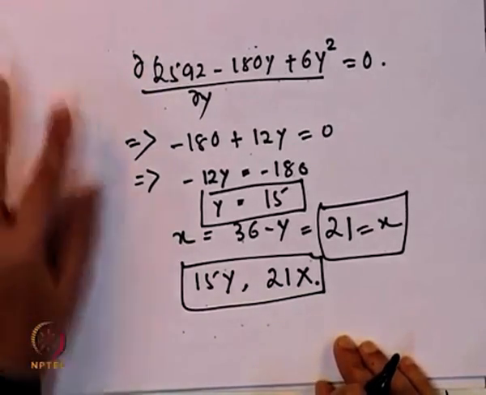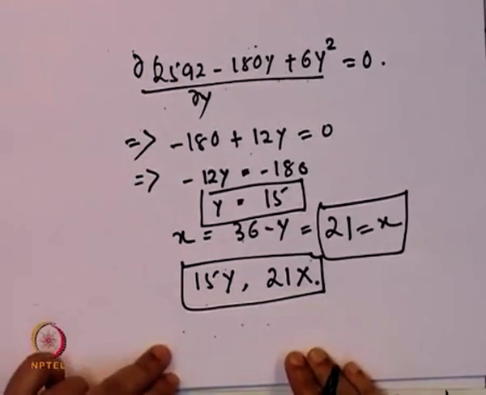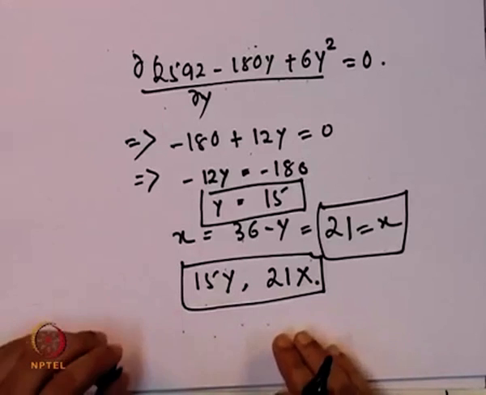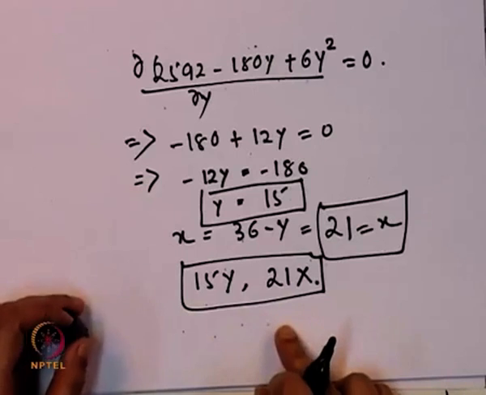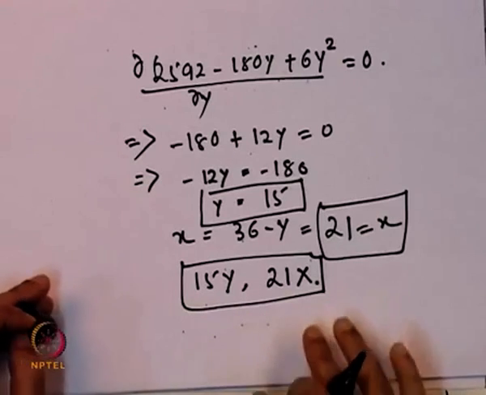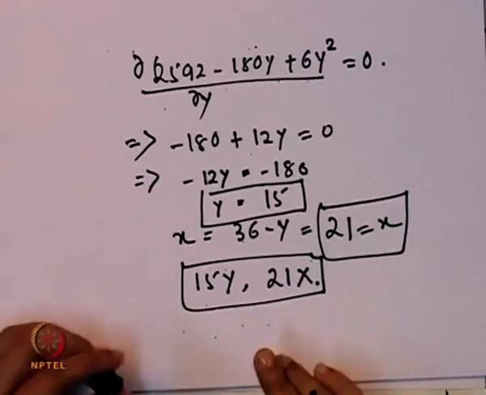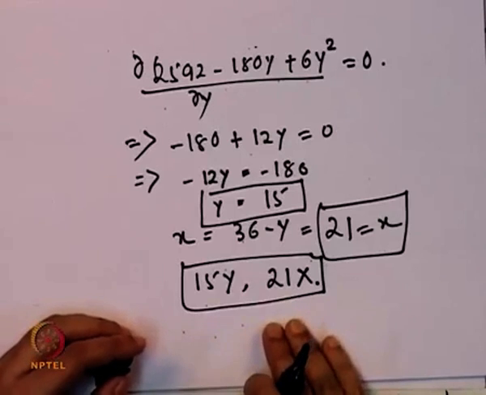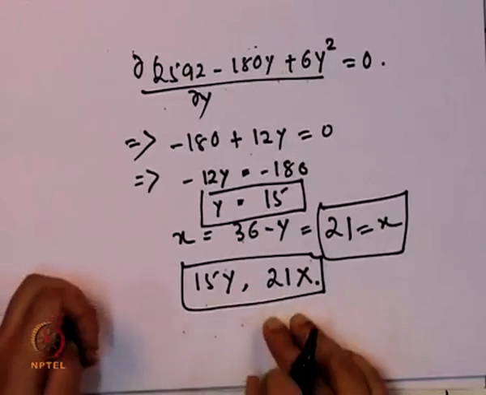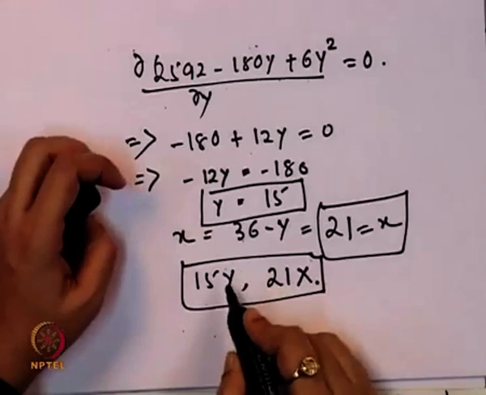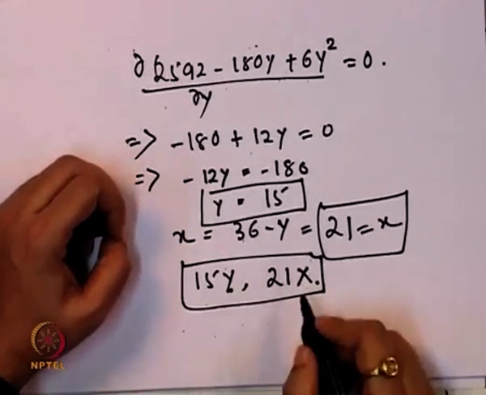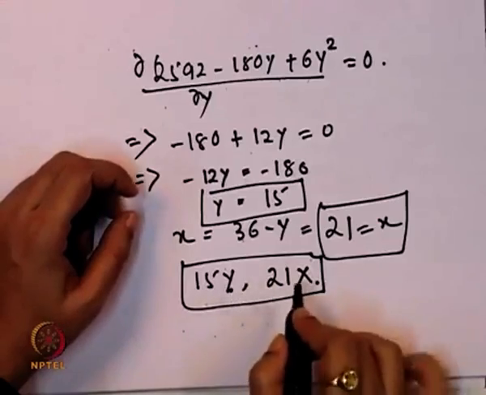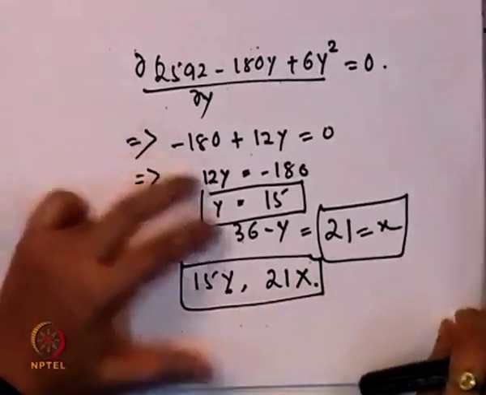Now what is the next best task for us? The next task is to find out whether, by producing this combination, the firm is incurring the minimum cost of production, or what should be the minimum cost to produce this combination. So for that, we need to put the value of x and y in the cost equation and find out the minimum cost. So what was the cost equation?